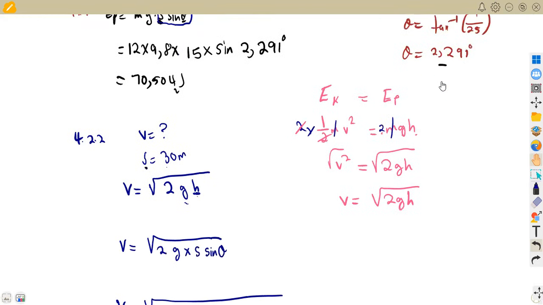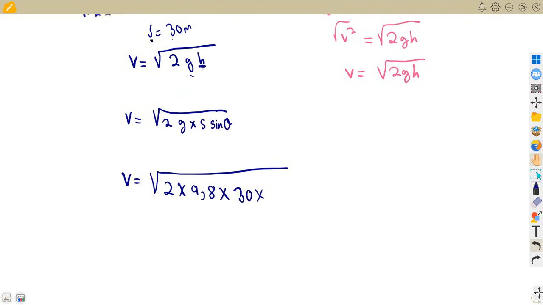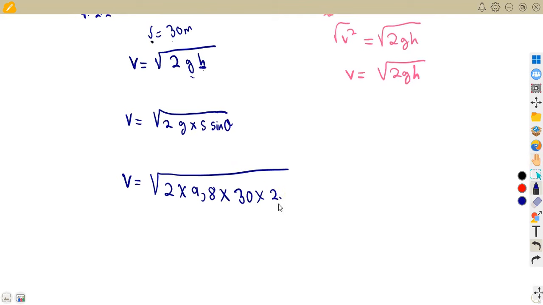So this is going to be sine 2,291 degrees. We can actually use that angle.